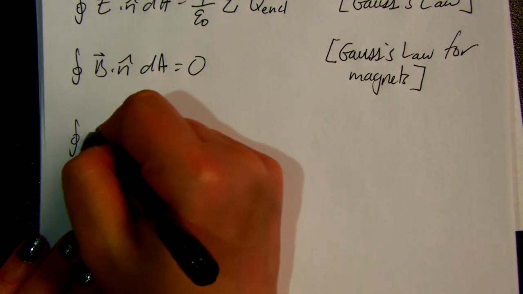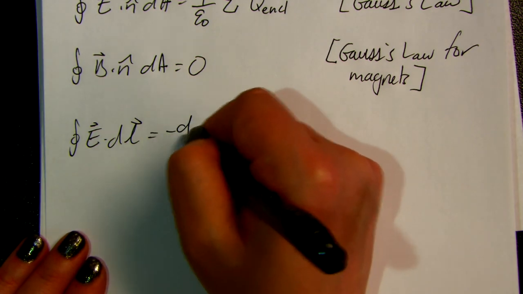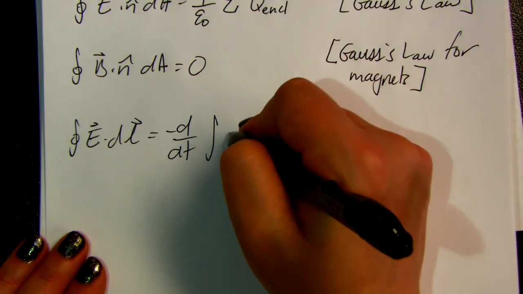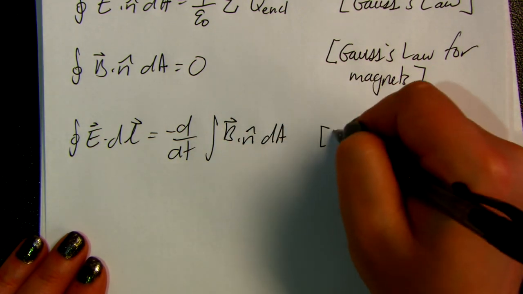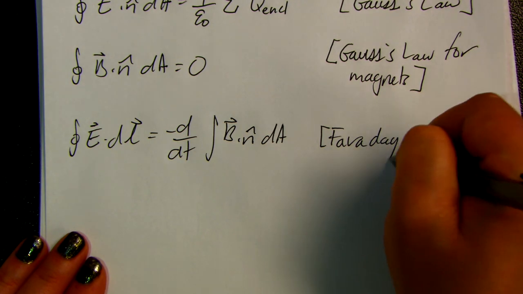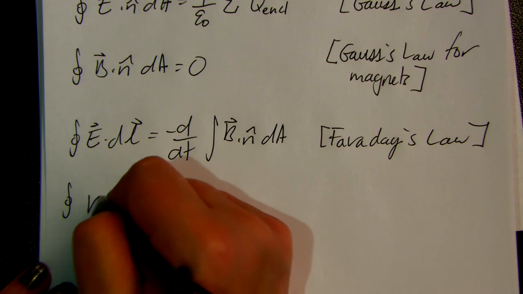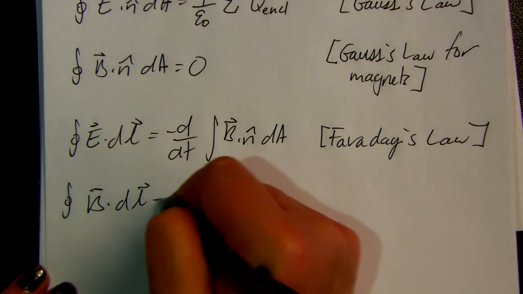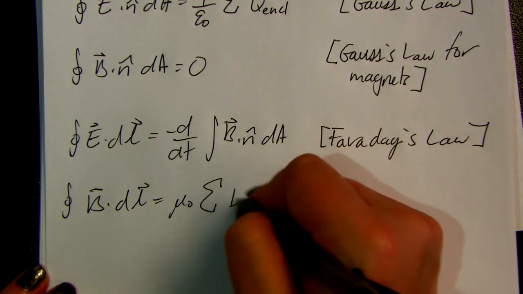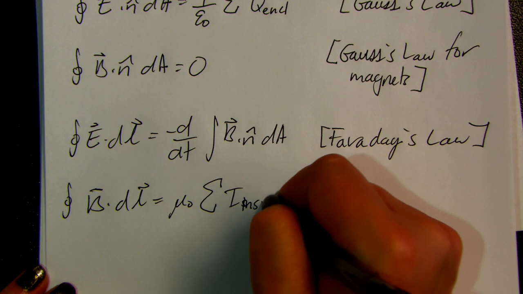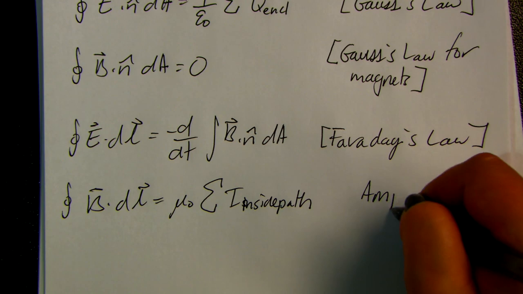We have the integral of E dot dl equal to minus d/dt of the integral of B dot n hat dA, which is Faraday's law. And the integral of B dot dl is equal to mu naught times the sum of the current inside the path. And this is Ampere's law, and we have not completed it.